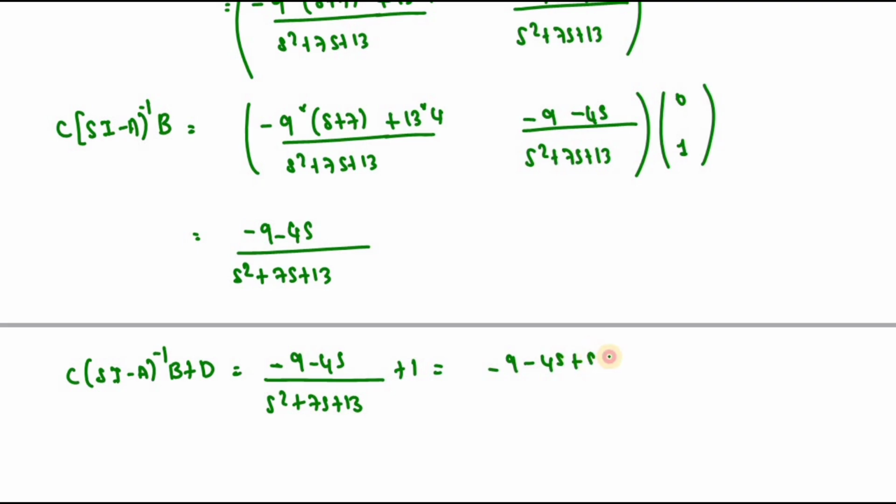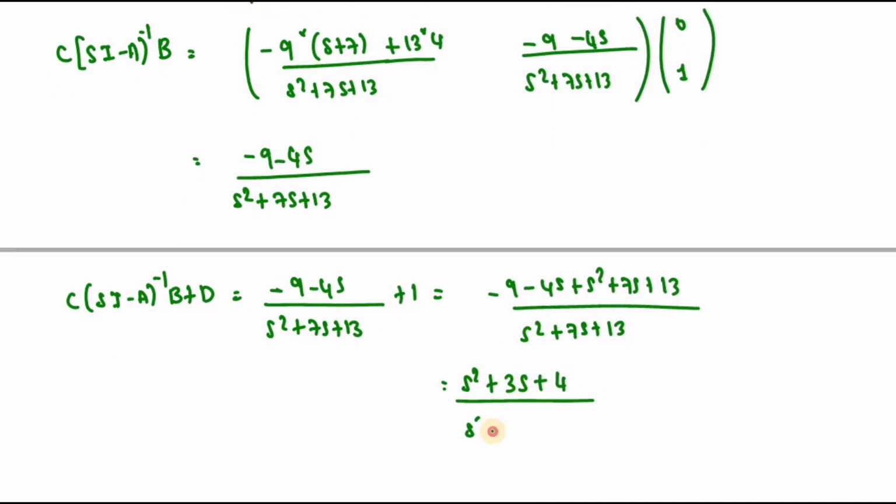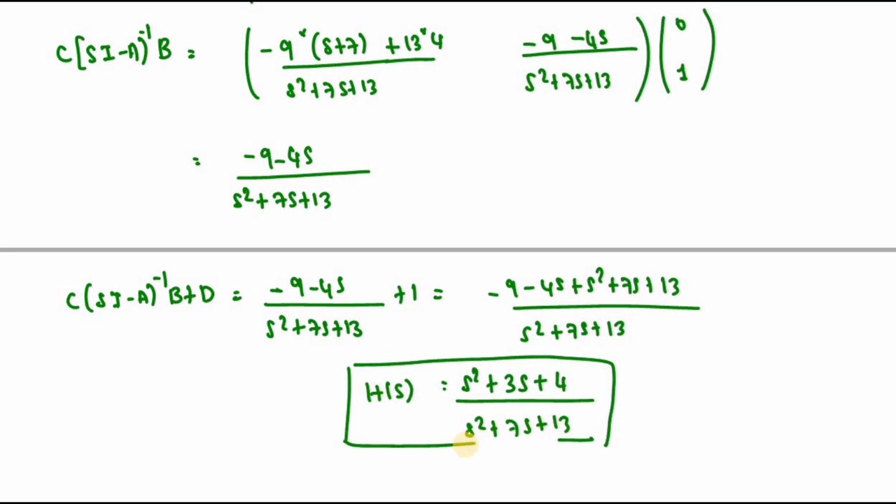That is equal to s square plus 3s plus 4 divided by s square plus 7s plus 30. So this is your H of s. So you can verify with this question, right? So this is how we have to solve the problem.